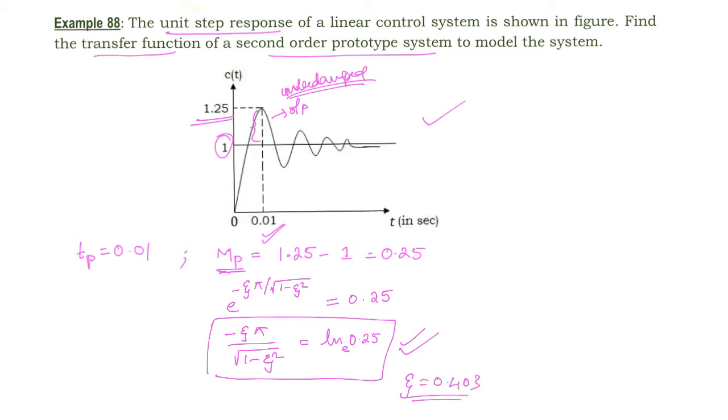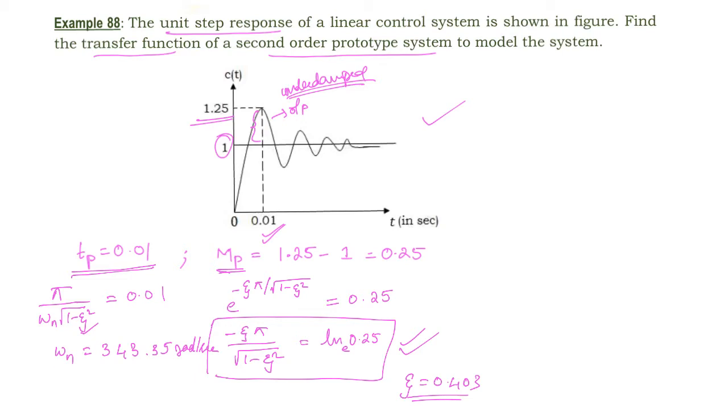So we now have the damping ratio zeta. Now Tp, the peak time, is equal to 0.01. So we know pi by omega n into root over 1 minus zeta square is equal to 0.01. Here we know zeta and we have to find omega n. So this will come out to be 343.35 radians per second.